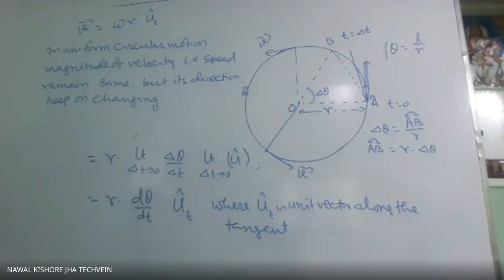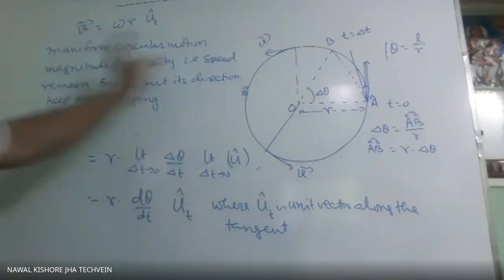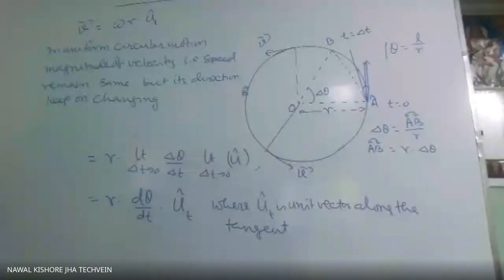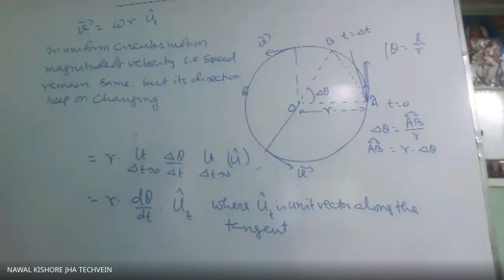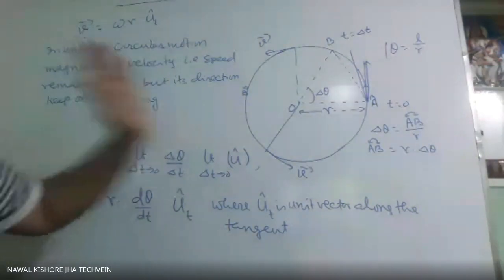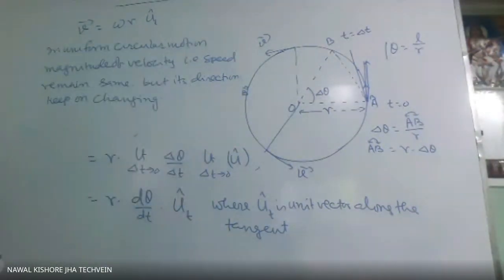Now, as we know, velocity is a vector quantity. So if only magnitude is constant and direction is changing, then what will we say? Velocity vector is constant or variable? Variable. Two vectors are said to be the same when magnitude and direction both are the same. So if there is change in direction, velocity is changed.